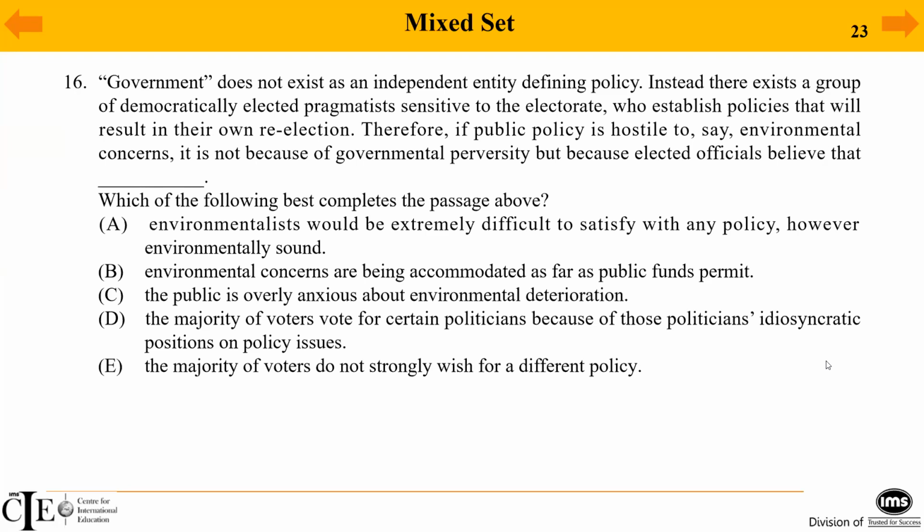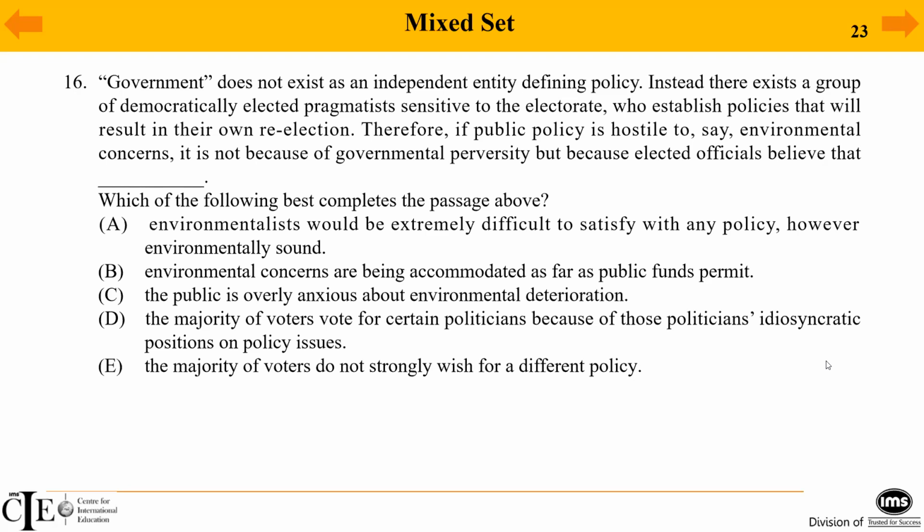Sarang correct. Majority of voters vote for certain politicians because of these politicians' idiosyncratic positions.